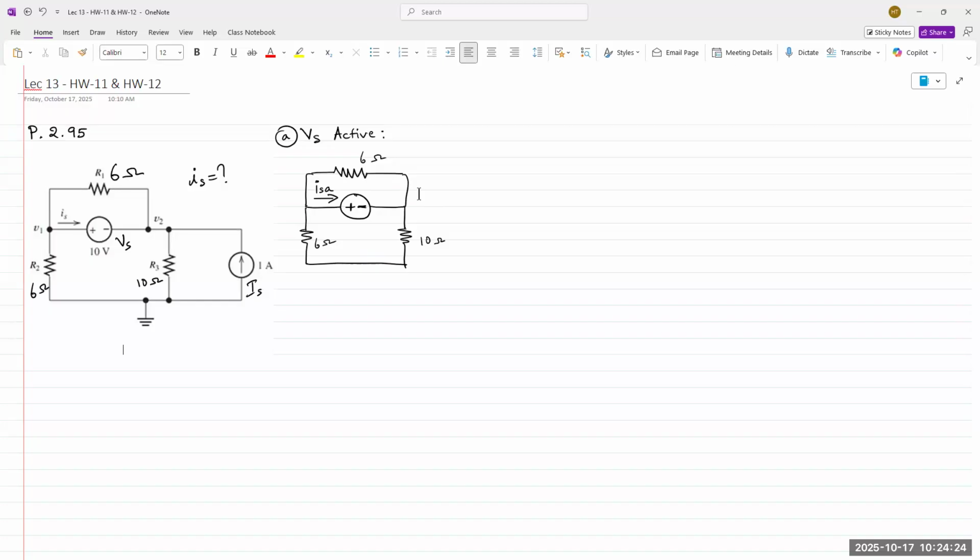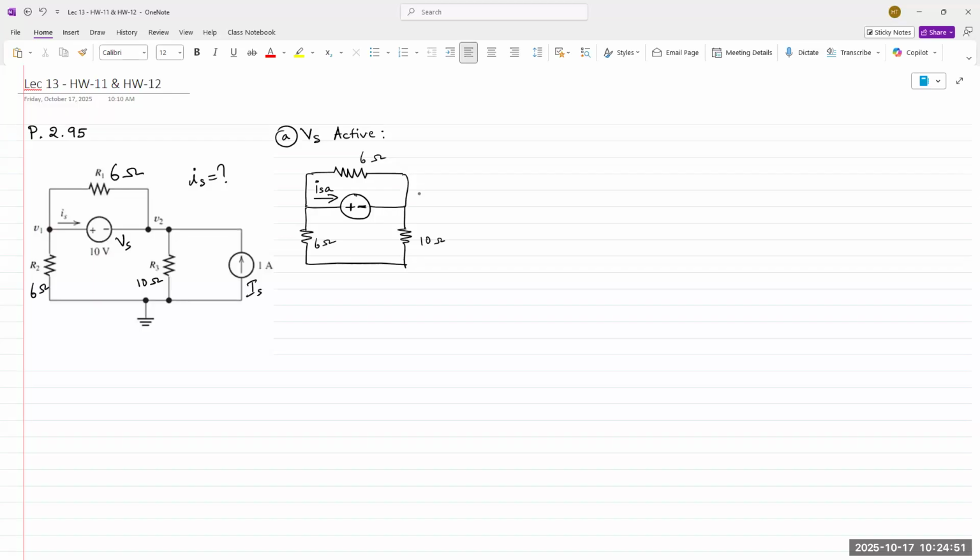There is no other connection because, for the purposes of this analysis using superposition, the 1 amp current source is open circuit, meaning it's removed from the circuit. And so 6 and 10 are in series, and then that would be in parallel with 6. You find the total REQ, and that would give you the value for IS or ISA.